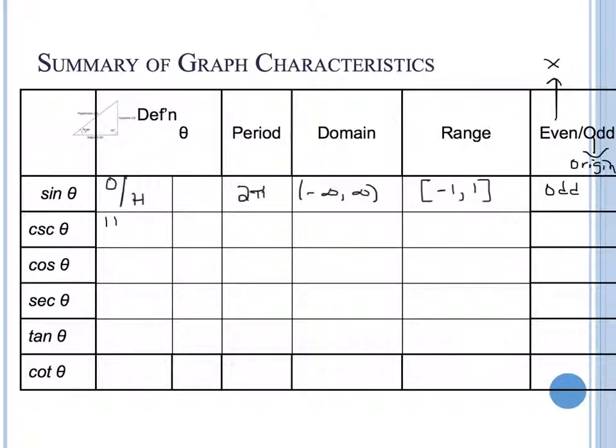Okay, now cosecant is hypotenuse over opposite. Period is 2 pi. The domain is not -infinity to infinity because we have problems at every place sine is 0.